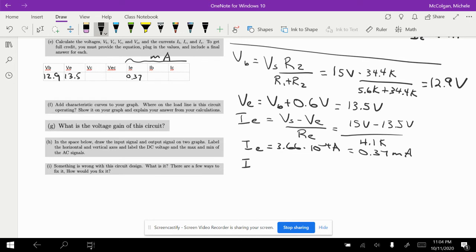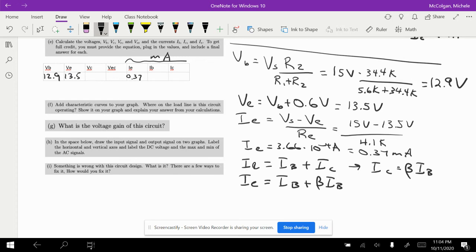Okay, and so we can calculate IB from the fact that IE is equal to IB plus IC. And we know that IC is equal to beta times IB. So we can substitute that in for our equation for IE. So this is IB plus beta IB. We can factor out the IB and rewrite this as IB times 1 plus beta.